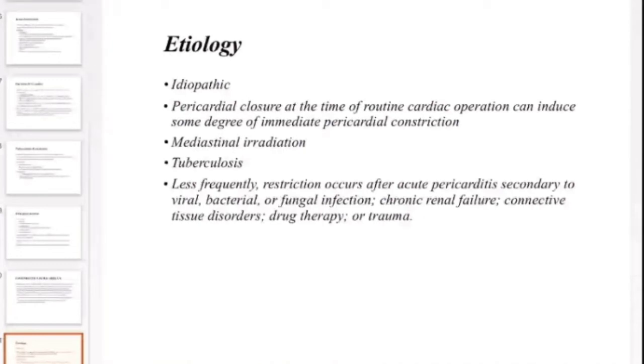In chronic renal failure with repeated uremic pericardial effusion, you may have constrictive pericarditis in rare cases. Also connective tissue disease, drug therapy or trauma may lead to constrictive pericarditis.